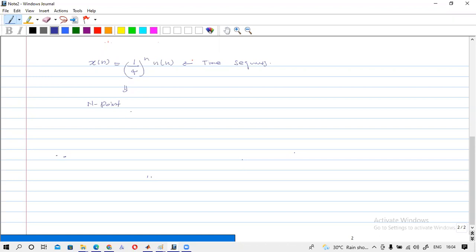So the definition of DFT is X[k] equals the sum from n equals 0 to N minus 1 of x[n] e to the power minus j, and instead of omega, I can put 2πk/N. So this is the definition of the N-point DFT.